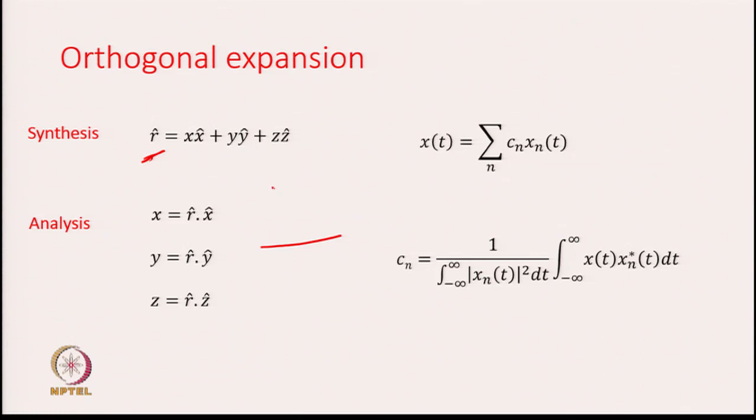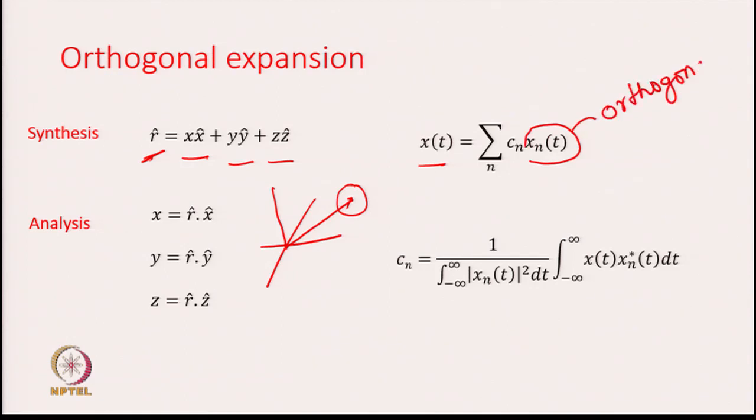A 3D vector can be understood as built using components in the x, y and z directions. Similarly, a signal can be considered as built using orthogonal or orthonormal functions.